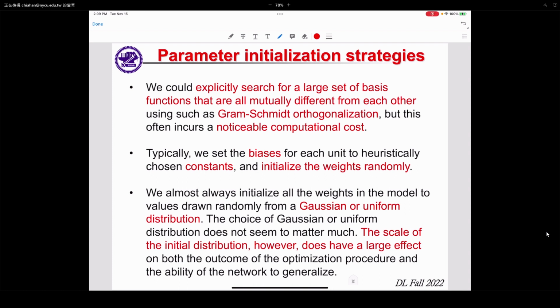We say we can have basis functions, we can derive the basis functions, and you can even use Gram-Schmidt orthogonalization to make them orthogonal. Very good. If you still remember this, then you are very good at linear algebra. So you can search for a large set of basis functions and use them as initial values for different weights.